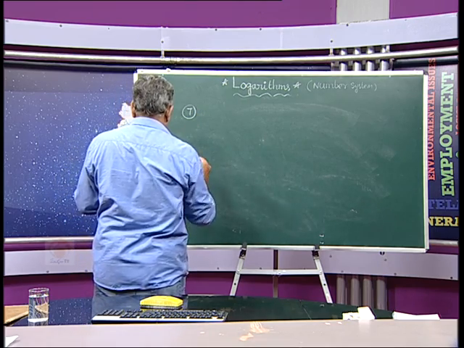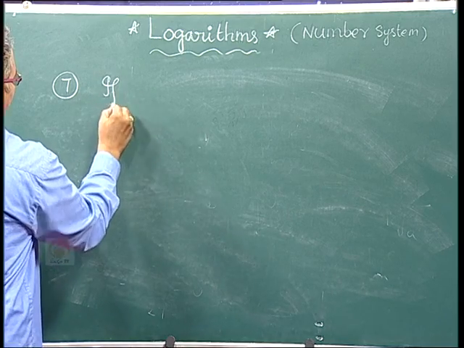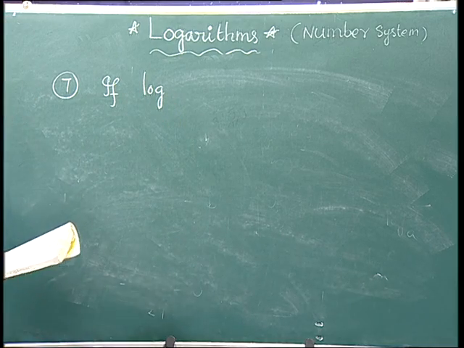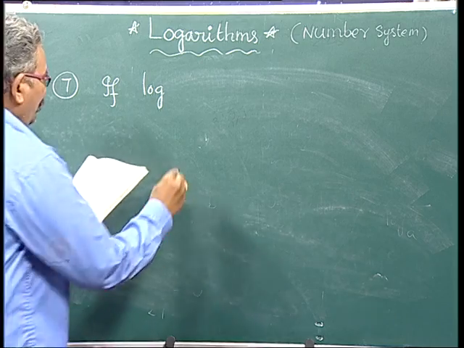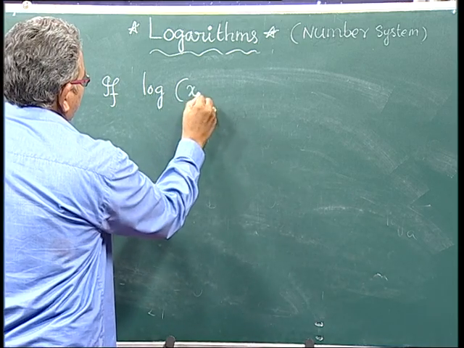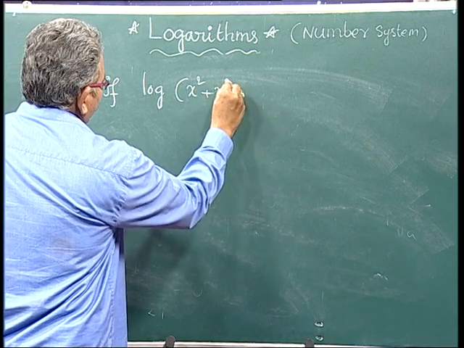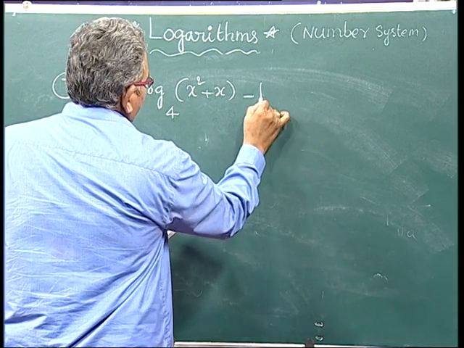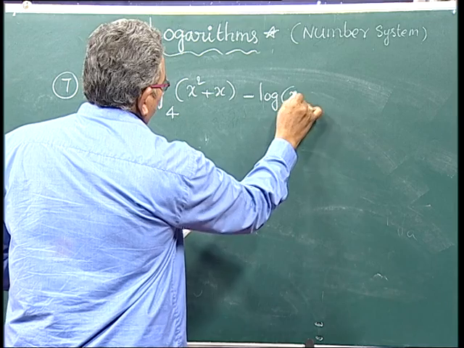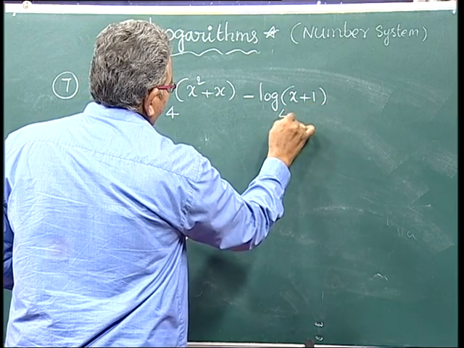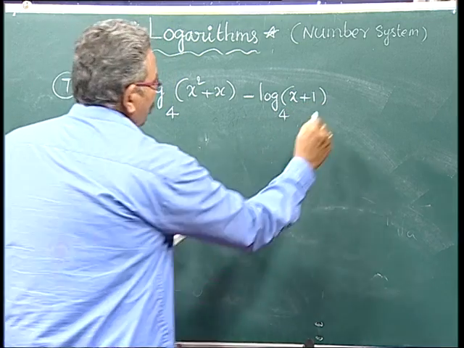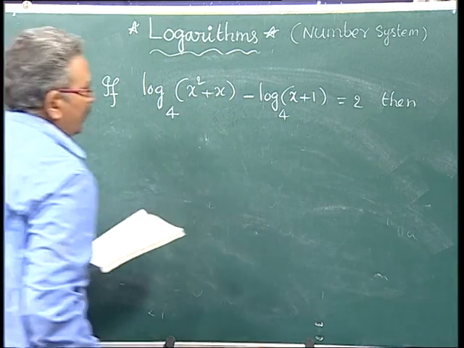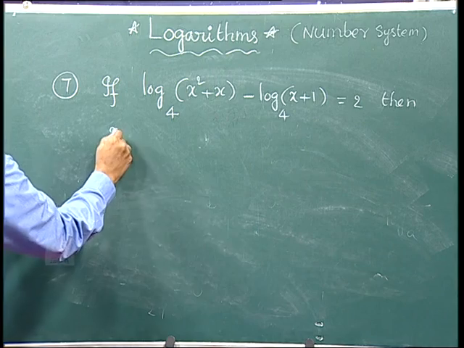Okay. If log of x square plus x base 4 minus log of x plus 1 to the base 4 is equal to 2, then x is equal to?